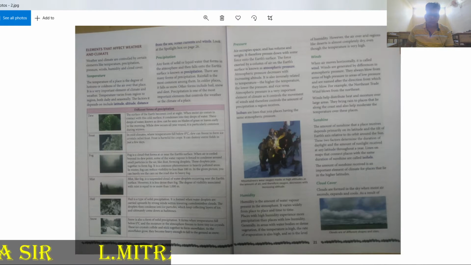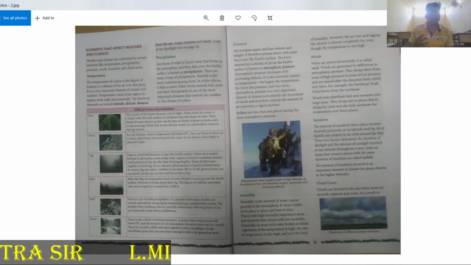Next, any form of solid or liquid water that forms in the atmosphere and then falls on the earth's surface is known as precipitation. So these are the many forms of precipitation, and rainfall is the most common of them.